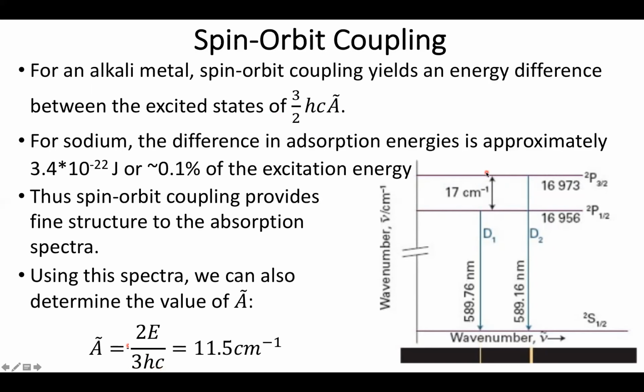Now, in this case, I get really lucky because my energies were already in wave numbers, so I can ignore this hc term. And it turns out that for sodium, my coupling constant is somewhere around 11 inverse centimeters. And it's not unsurprising to see coupling constants sitting in this kind of 1 to 100 range, which again, is very dependent upon the size of the atom and exactly what orbit is being filled.